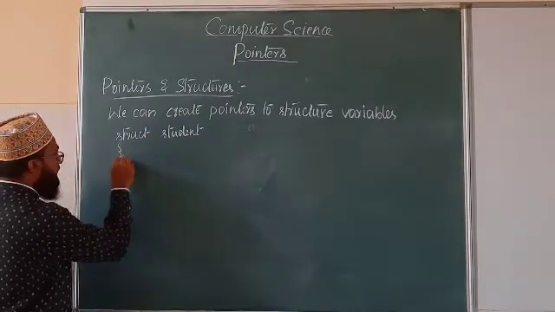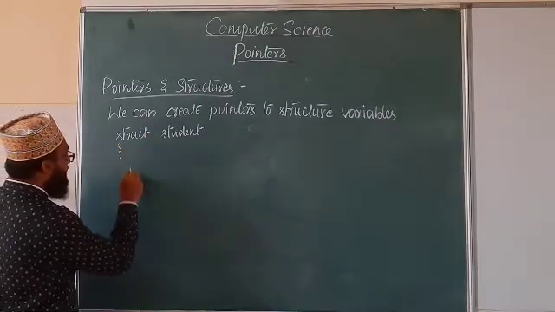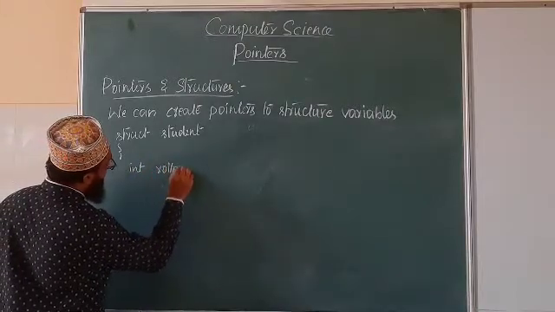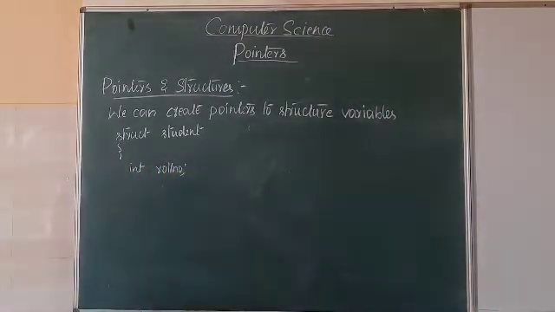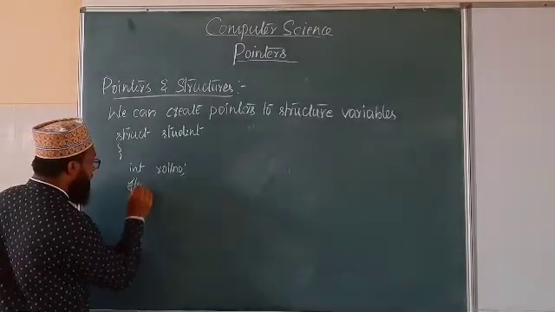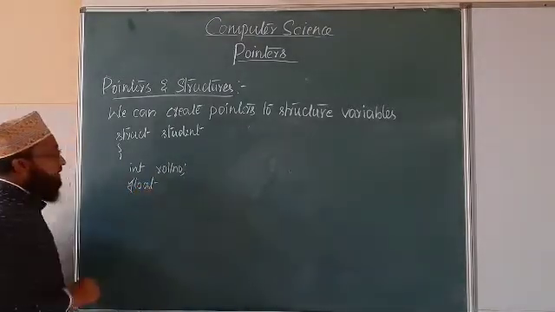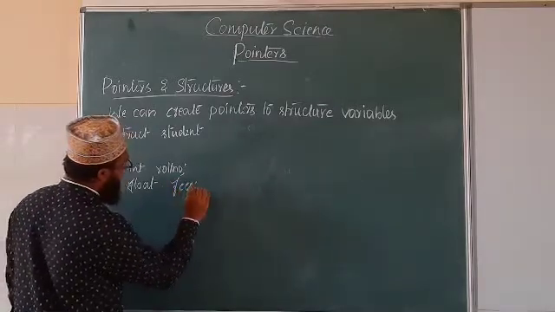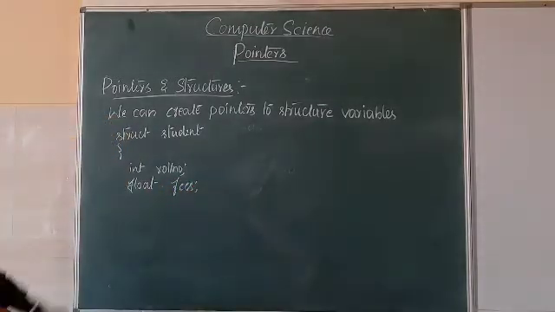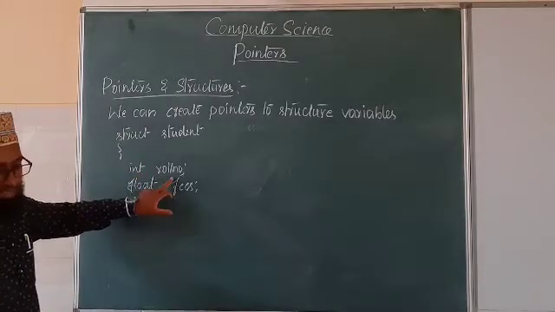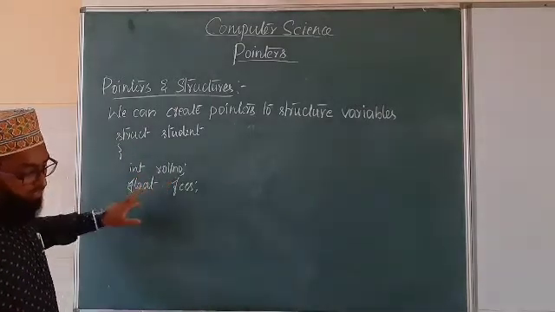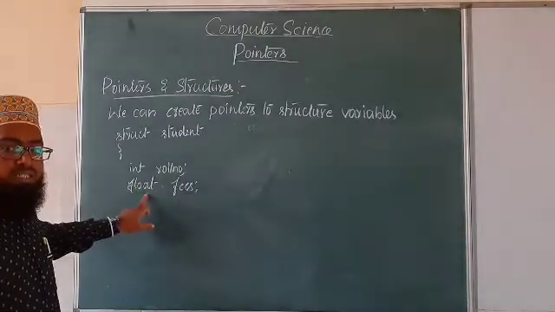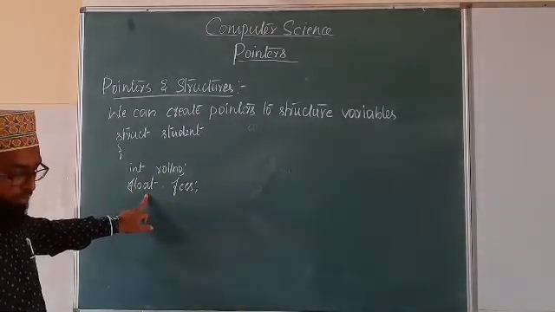Struct student. Then take the student details: int for the roll number of the student, and after that one variable of data type float, take this as fees. We are taking two things: one is the roll number, which is an integer type, and the other is fees, which is data type float.